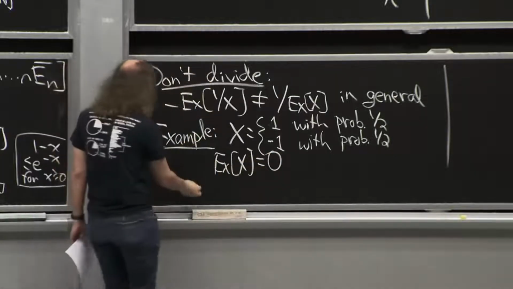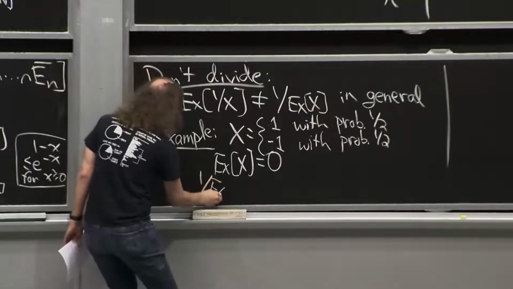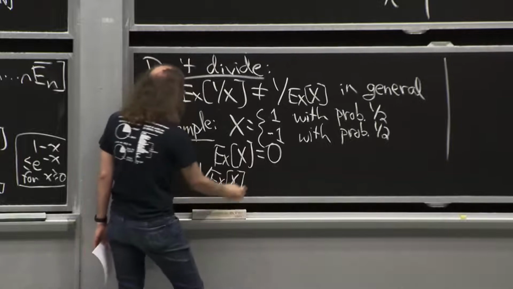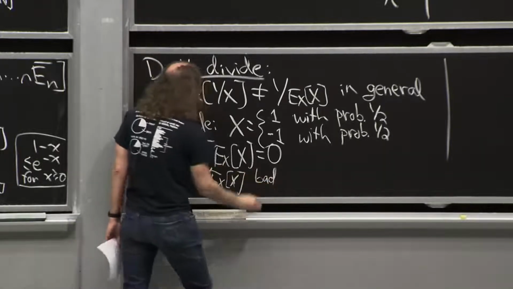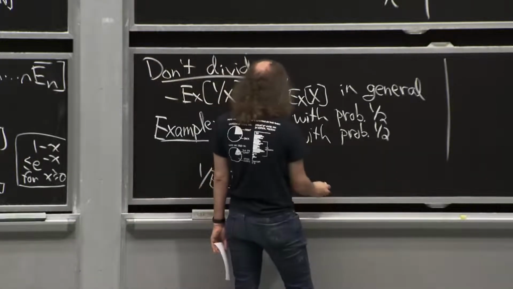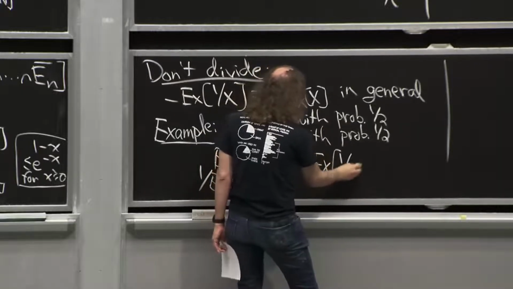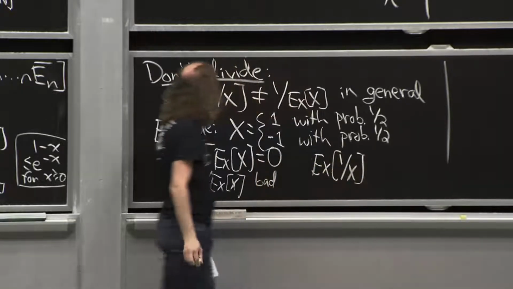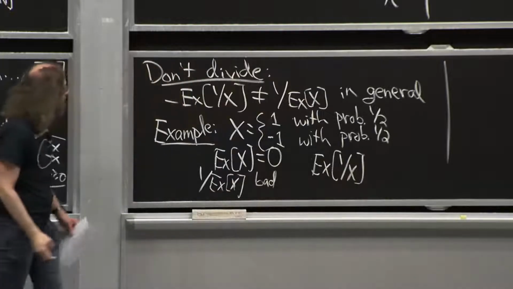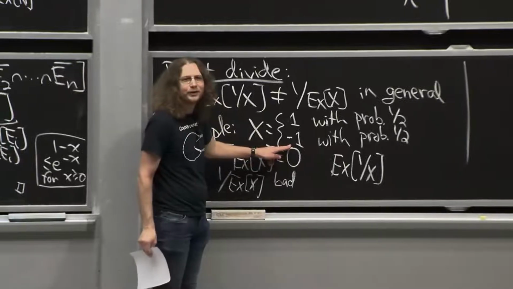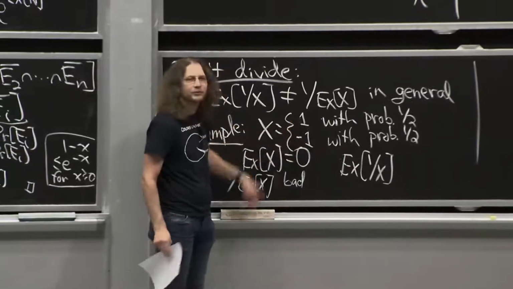So 1 over the expectation is not a very good number. It's like infinity or something. This is bad, 1 over 0. Whereas if I take the expectation of 1 over x, well, 1 over 1 is just 1, and 1 over minus 1 is also minus 1. Like 1 over doesn't do anything to x.